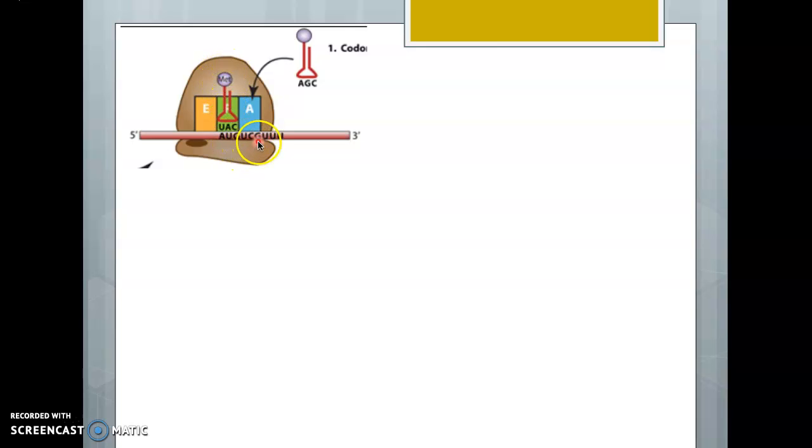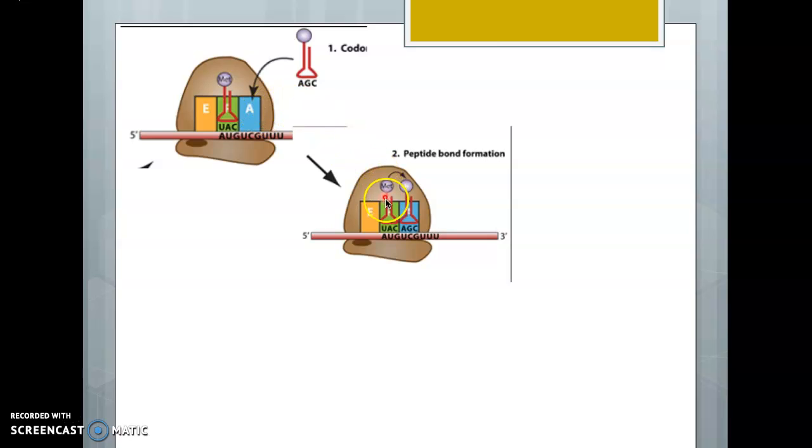The next codon is UCG. The anticodon that goes with that is AGC, and you could look at the chart to see what amino acid that's going to be. So that tRNA with the amino acid comes into this spot. And then the methionine is hooked to the next amino acid in the chain through dehydration synthesis.